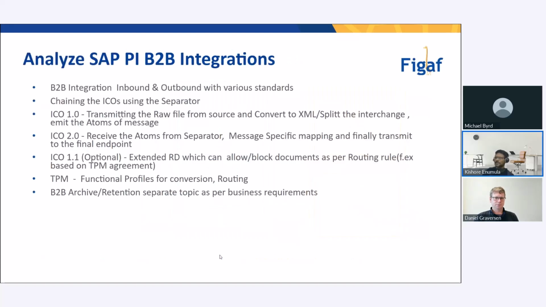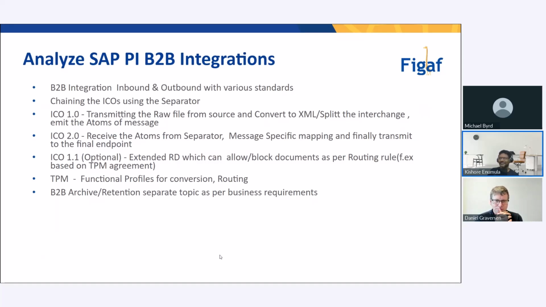If you start with analyzing the B2B integration, the standard inbound and outbound, everybody knows it. The old concept in PO, I'm not calling it old because we have now worked with Integration Suite for a long period, but the chaining is a little different.